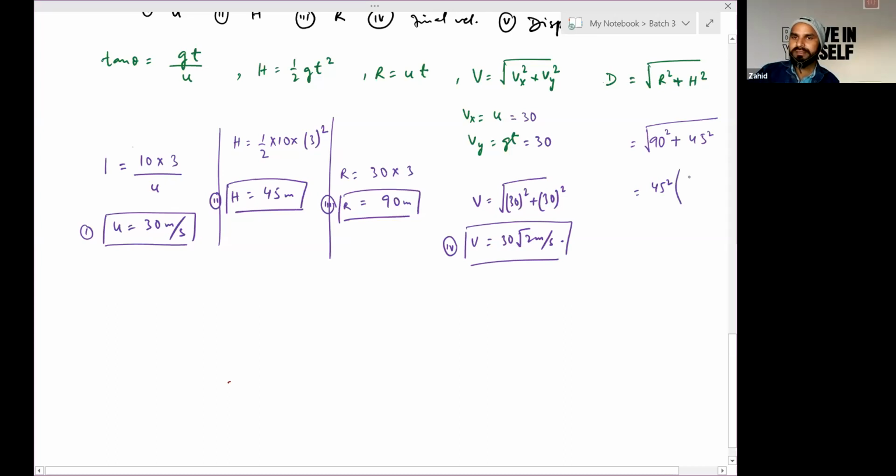So you're left with root under 2 square plus 1 square, and it will be 45 root 5 equals net displacement.